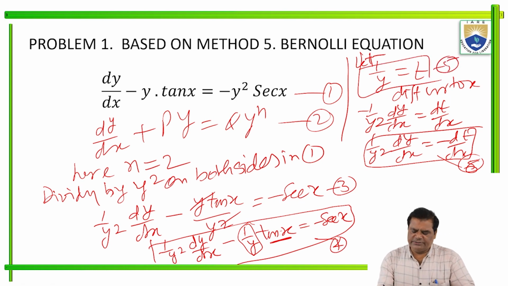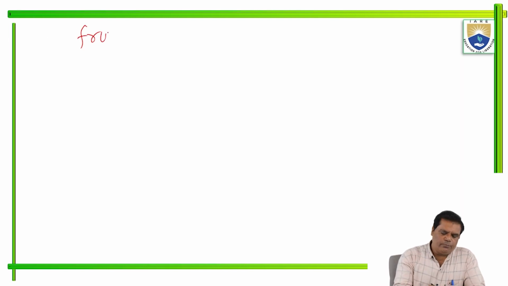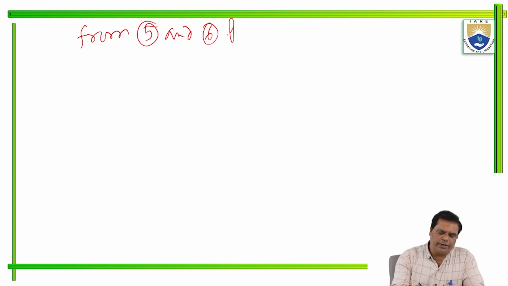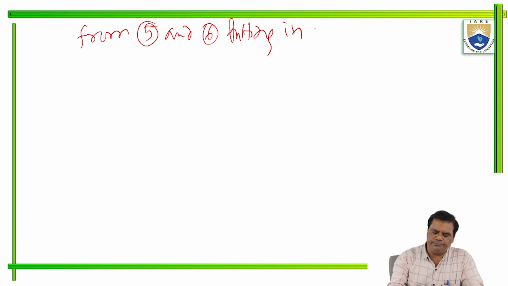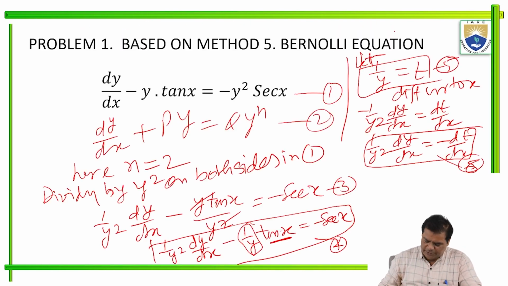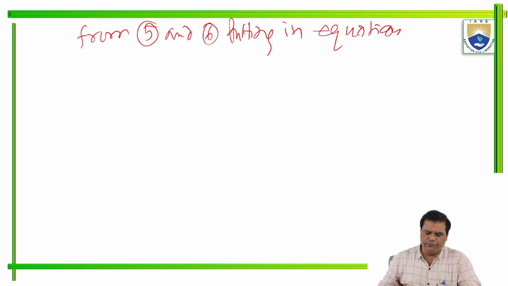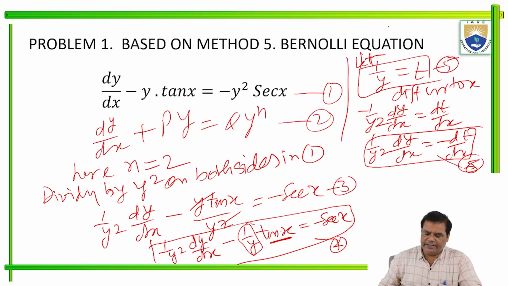So now from 5 and 6, putting in equation 4, then we get, so what here?